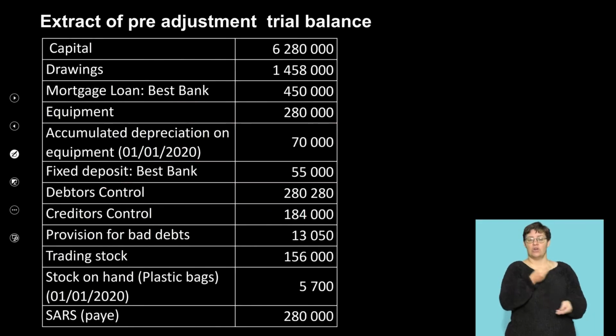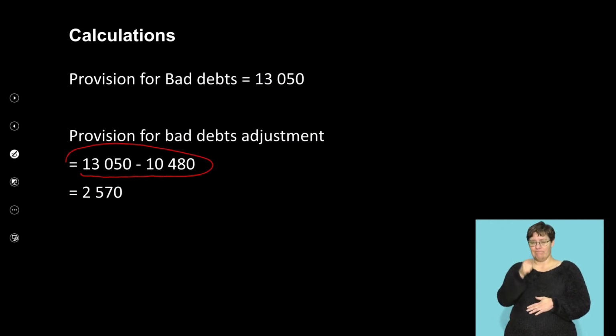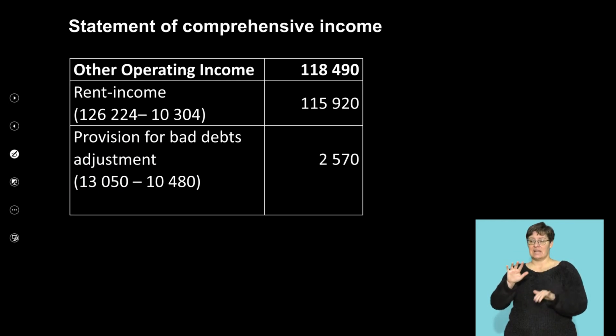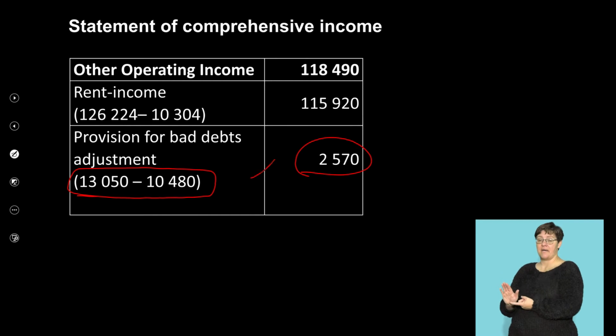Okay, so in terms of the provision, I currently have a provision of 13,050. So therefore, I know now that I must reduce that provision by 2,570. Why? 13,050 minus my new provision of 10,480, and here you can see it, provision for bad debts, because it is being reduced, indicates that it will appear under my operating income.